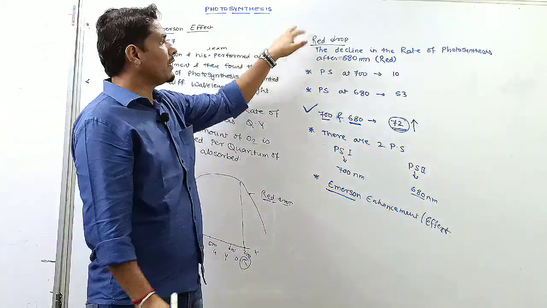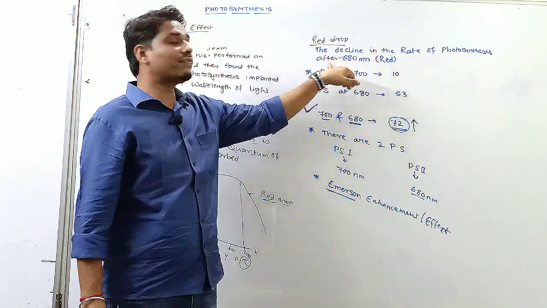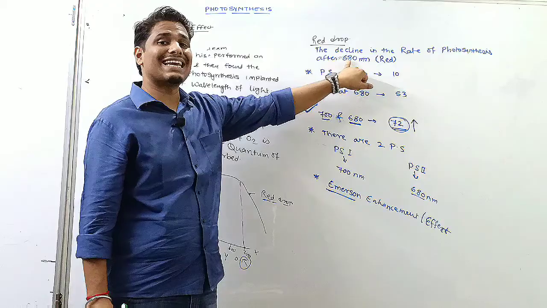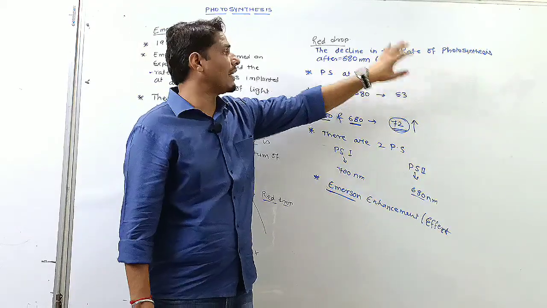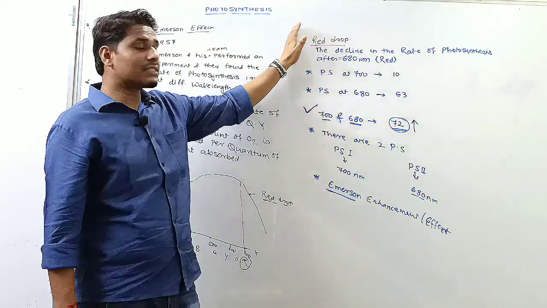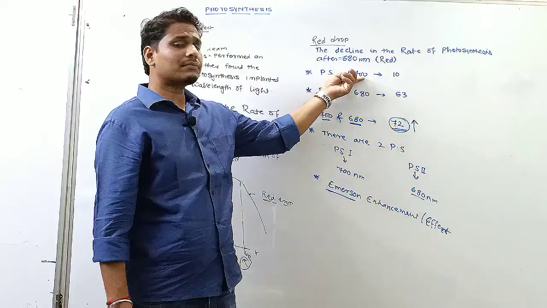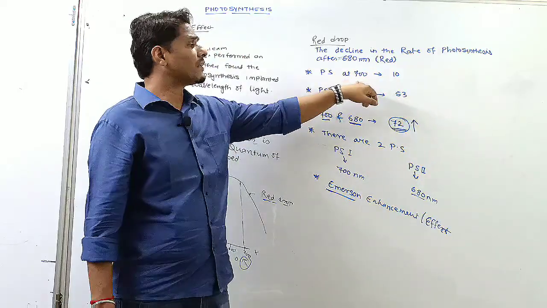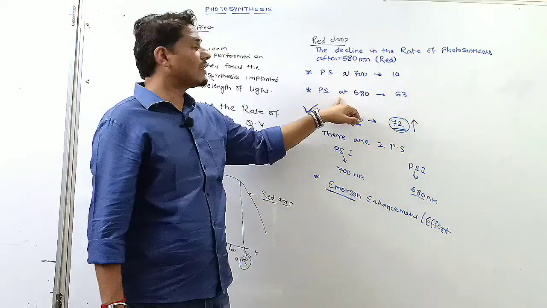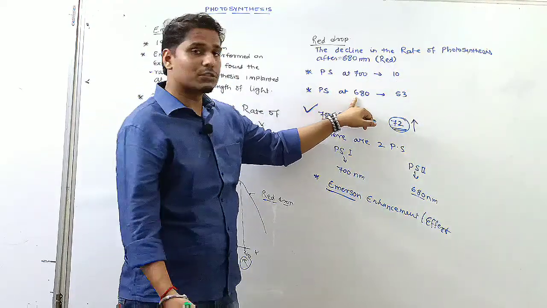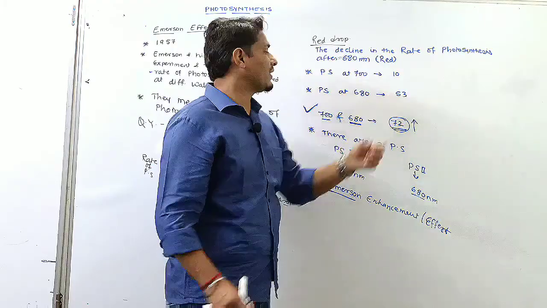So what is red drop? Red drop is the decline of the rate of photosynthesis after 680 nanometer, or after absorbing red light. Emerson exposed the plant at 700 nanometer and the quantum yield was 10, and at 680 nanometer the quantum yield was 53.